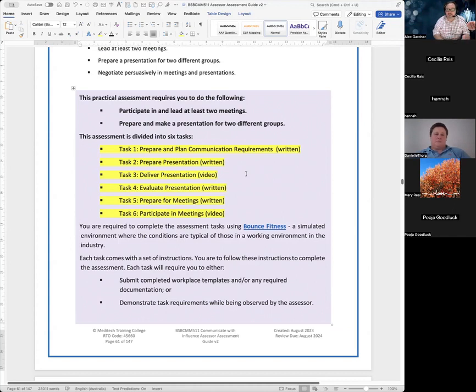You're going to deliver the presentation, which you're going to video. Task 4, you're going to evaluate presentation, which is written. And then you're going to prepare for meetings, written. And your last task, 6, is participate in meetings, video. Is there any concerns with any parts of that, especially around the video?